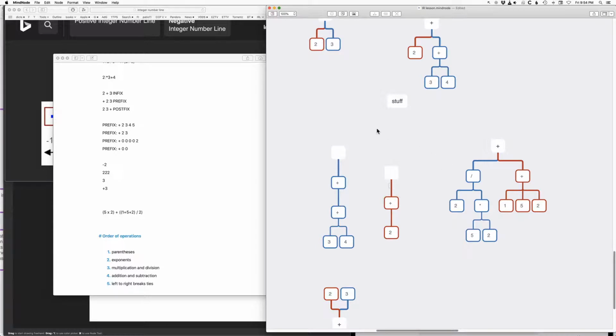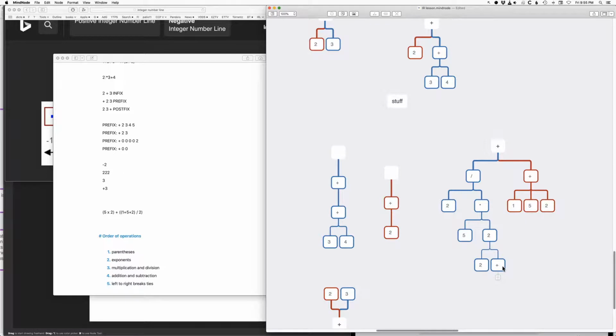Is it possible to have a number that is not a leaf and still be a valid tree? If a number was not a leaf, you'd have to have a child of it. So what would the child be? Would it be a 2? Or maybe the child would be a plus?